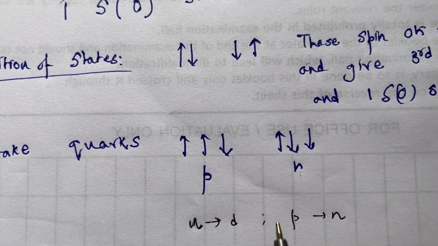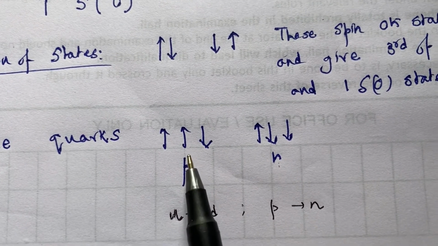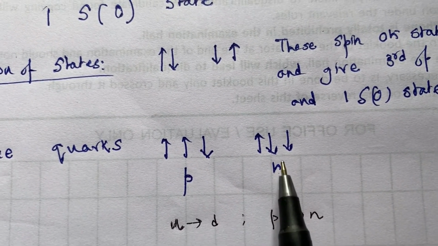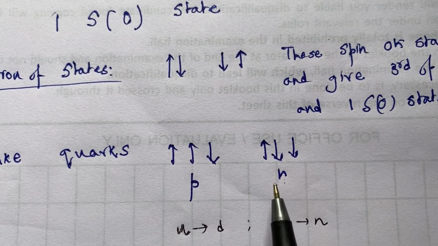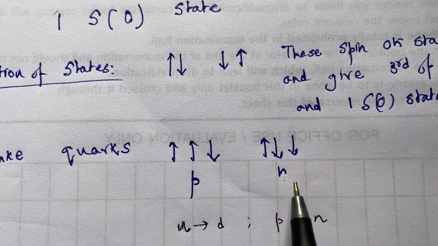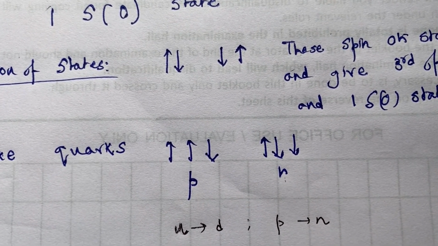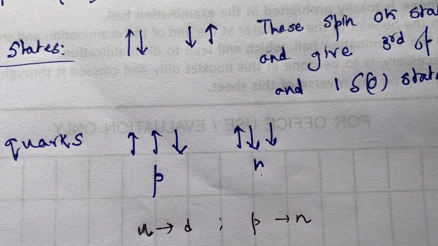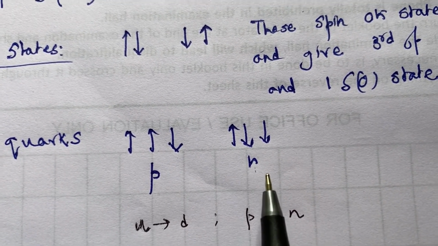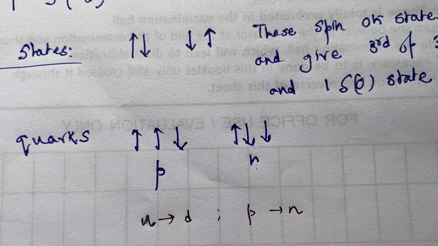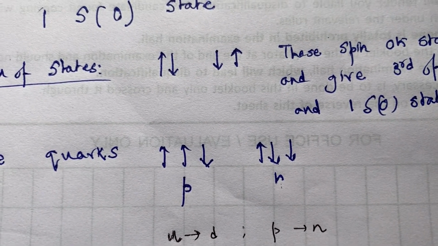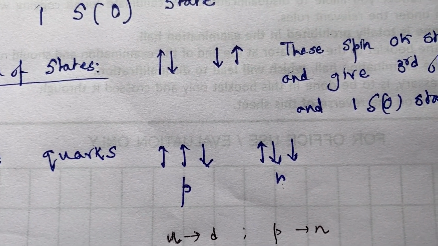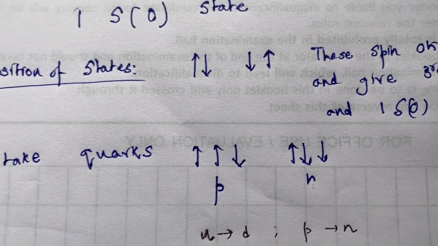In the conversion process, 1 up quark is converted to a down quark, and a proton is converted to a neutron. And it is a strong interaction between the nucleons which holds the nucleus together. But what is behind this strong interaction?